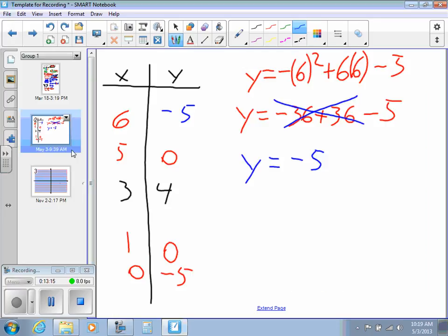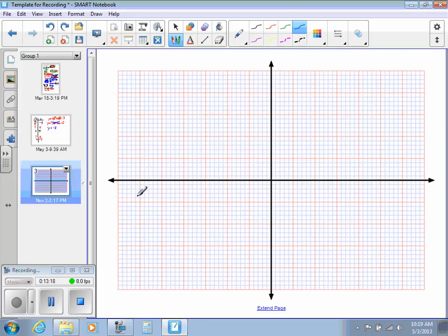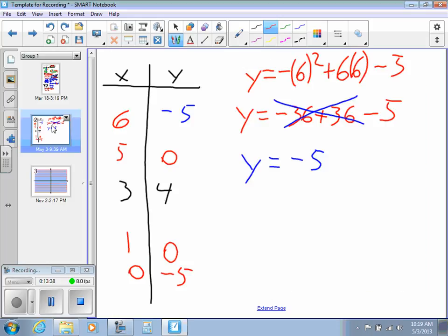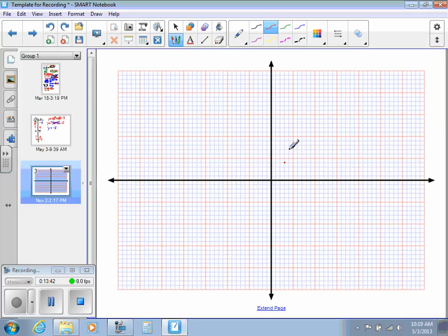Okay, so my vertex was at 3, 4. So let's go ahead and find that. We go over 3 and up 4. Yeah, I want that color. So right there, there is my vertex. And then at 5 and 1, I'm at 0.